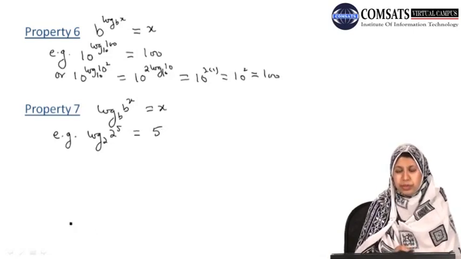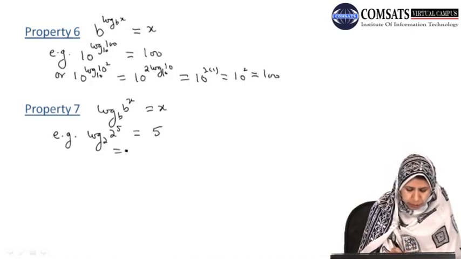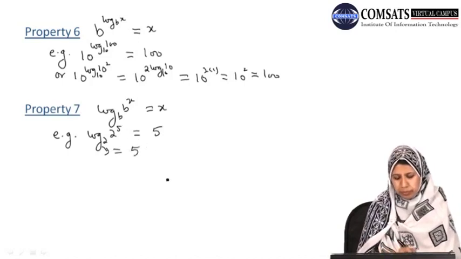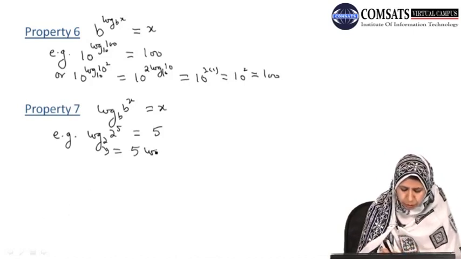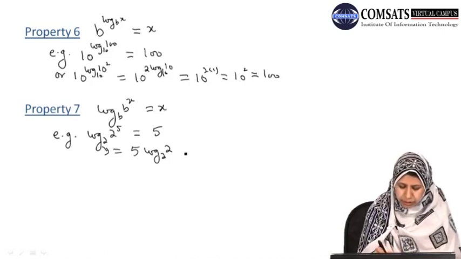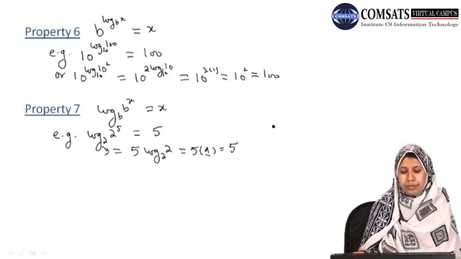And again we can use our property in this case: log of 2 to the power 5 with the base 2 is equal to, here 5 is the exponent, this will come as the multiple. So we obtain 5 times log of 2 to the base 2, and log of any number with the same base is 1. So we obtain 5 into 1, which is equal to 5.